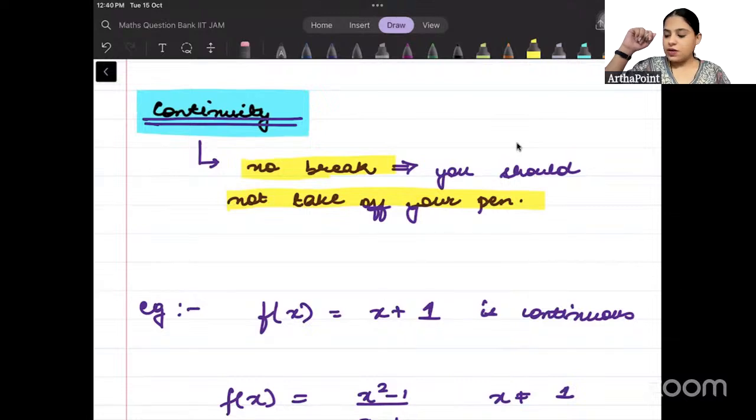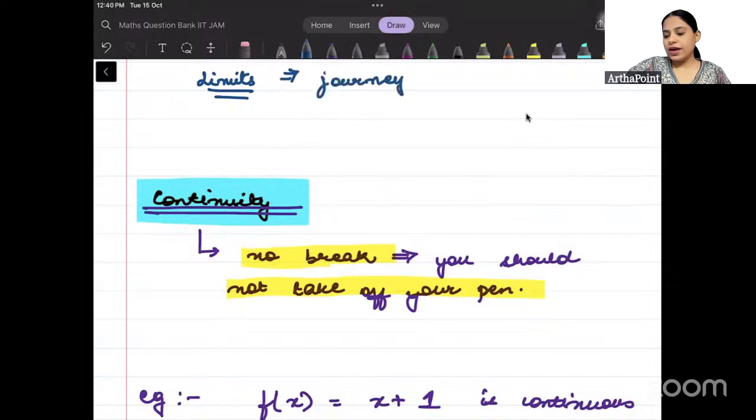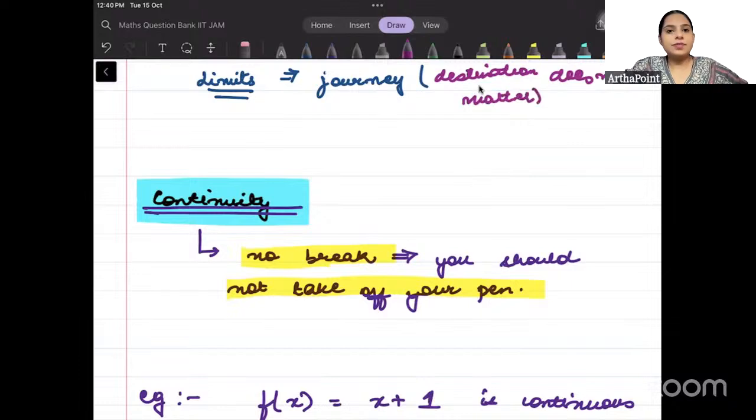Now, when we were talking about limits, I was always talking about the journey. And I always told you that the destination doesn't matter, right?